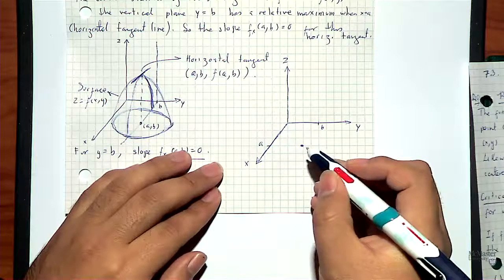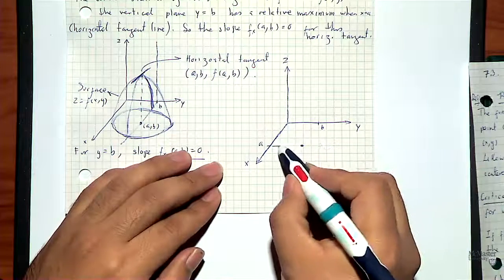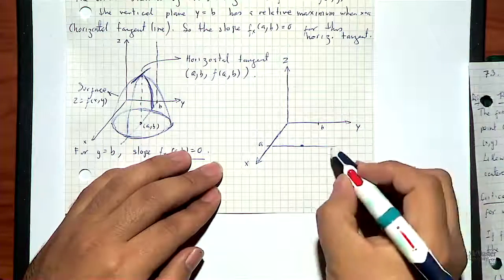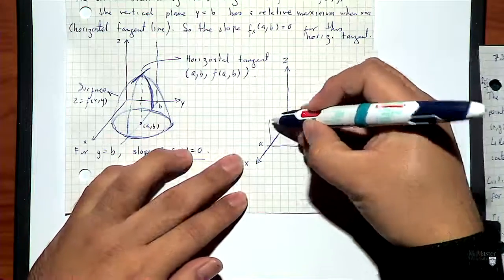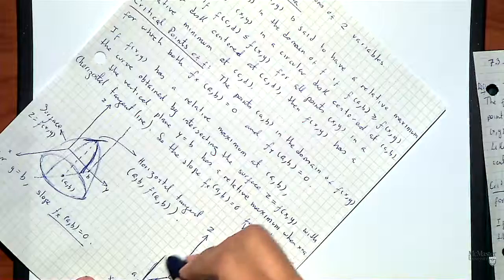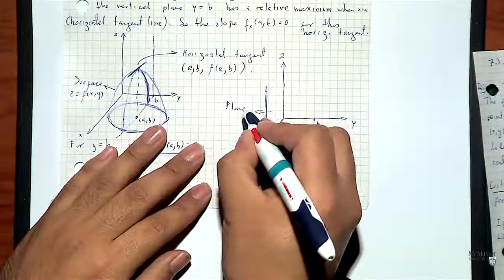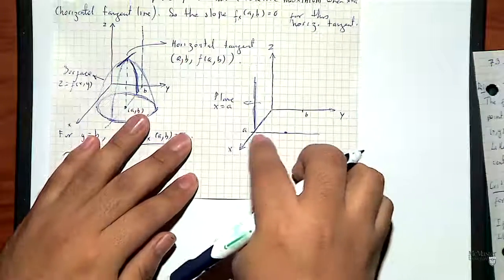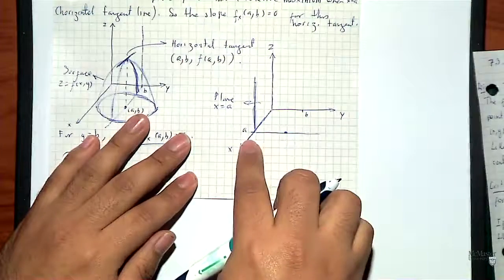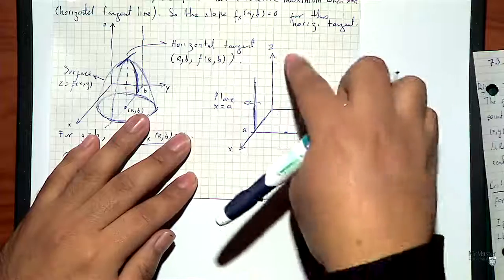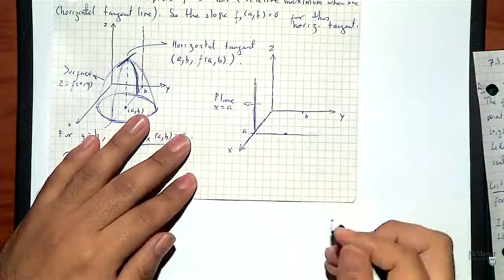So this is where my point would be. Now I'm going to focus on the plane x equal to a. Clearly, the plane x equal to a is over here. Because I'm choosing the set of points for which the coordinates, no matter what y and z are, always have the x coordinate equal to a.